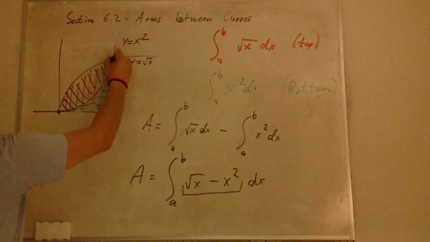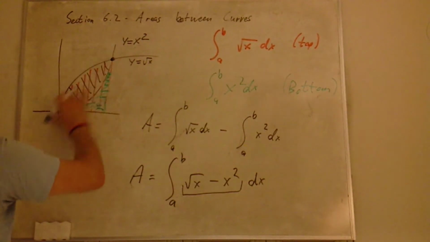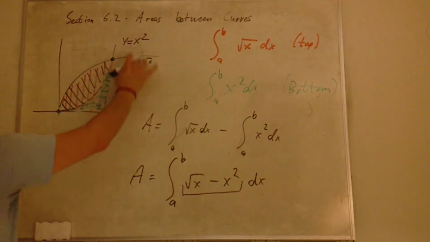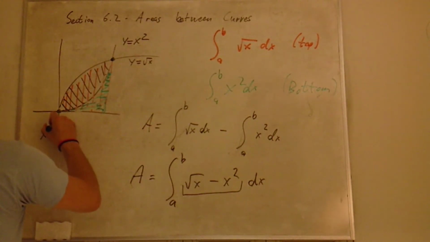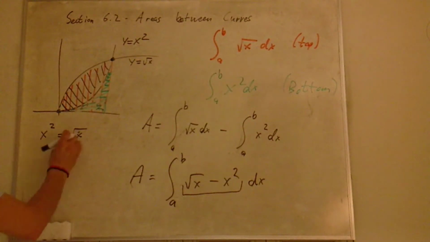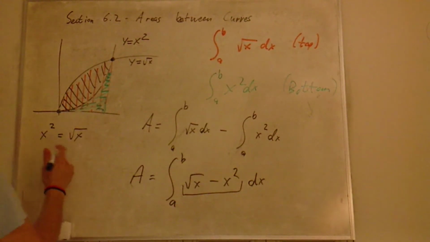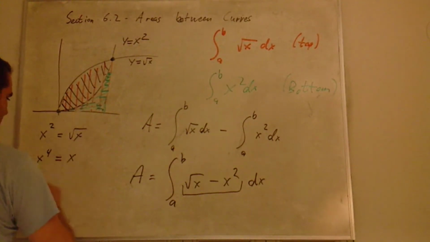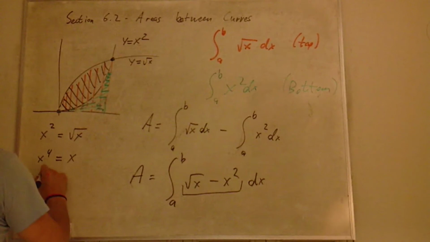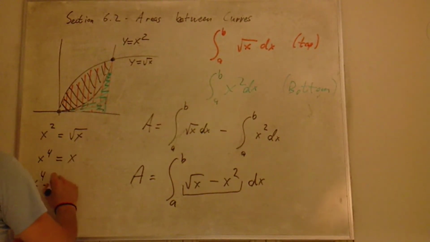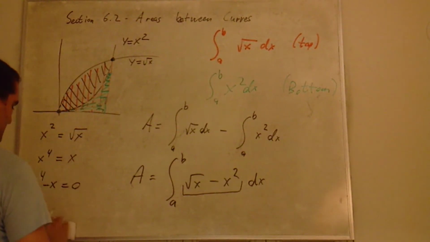The two x values are going to be the points of intersection between these two functions. You find points of intersection by setting the two functions equal to each other and solving for x. In this case, we have to solve this equation by squaring everything, so we'll get x to the fourth equals x. And we can subtract x from both sides.